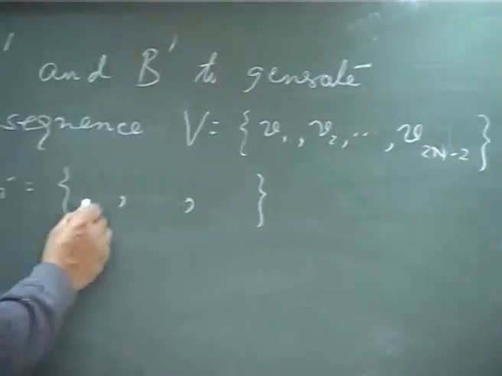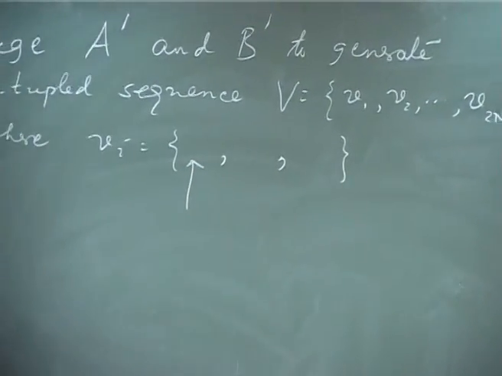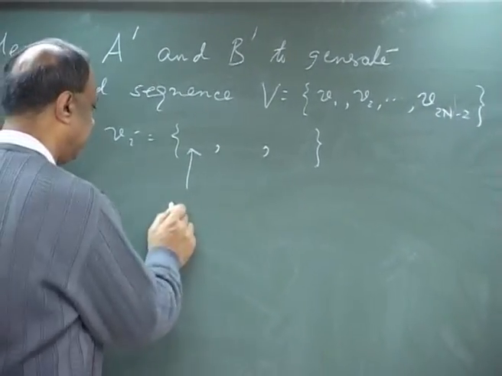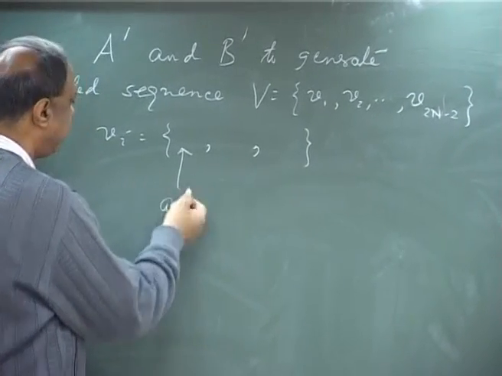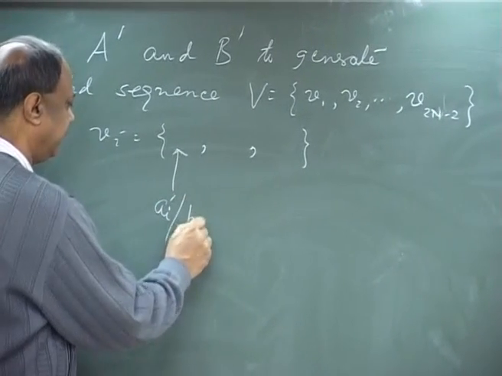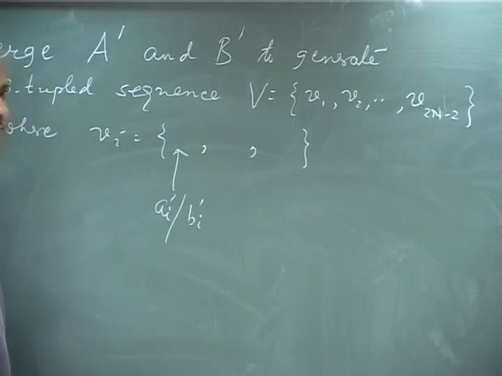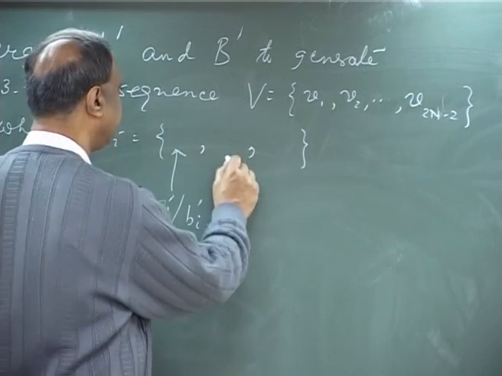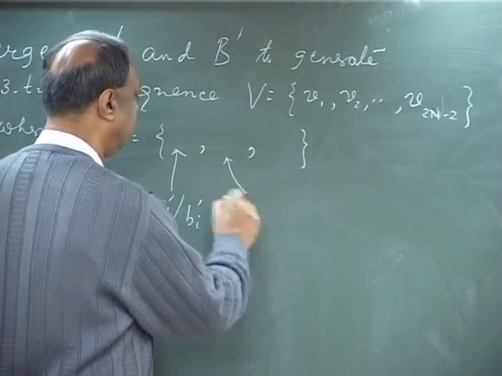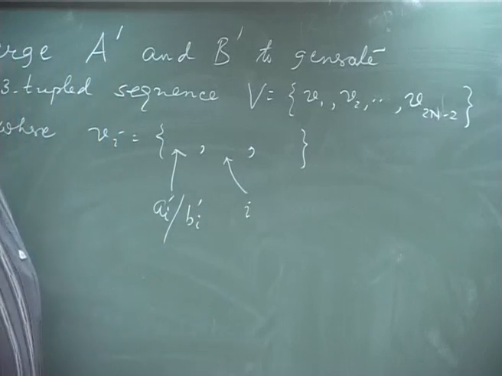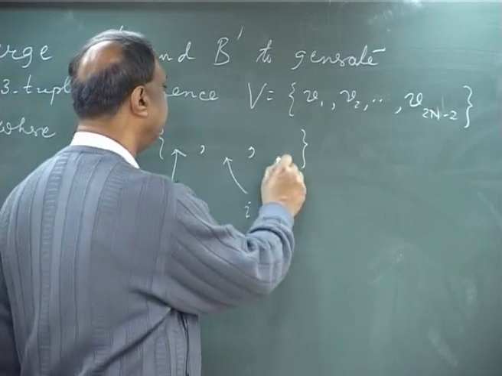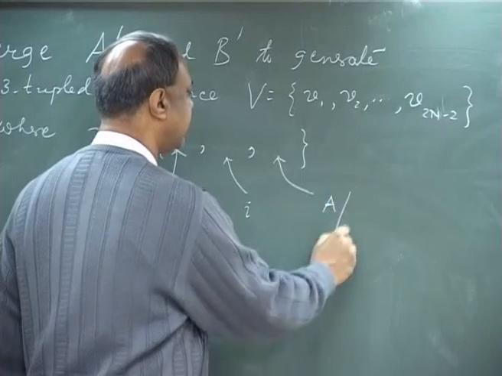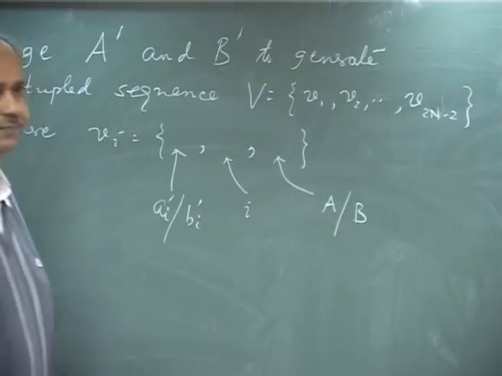So this one is the element. Element means it may be A_i dash or B_i dash. Then this one gives you the index i, and this one contains the information whether it belongs to the A sequence or the B sequence.